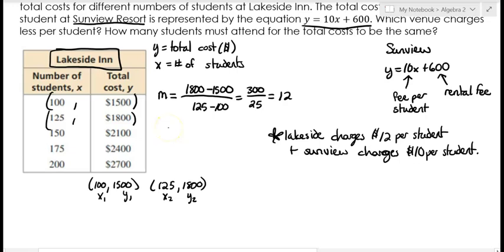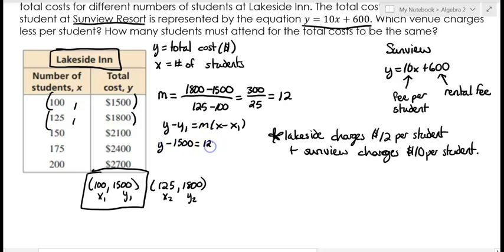So keep in mind that you now have a slope and you have a point. You don't have a y-intercept. So what I'm going to do is use point slope form to write the equation. So I'm going to use this point x1, y1 right here, and I'm going to use the slope of 12. So it's y minus y1, which is 1500, equals the slope 12 times x minus x1, which is 100.